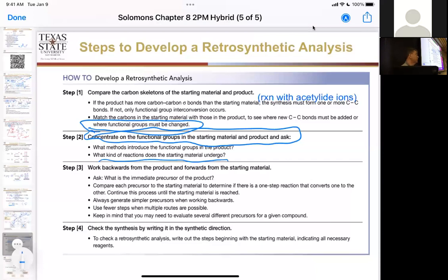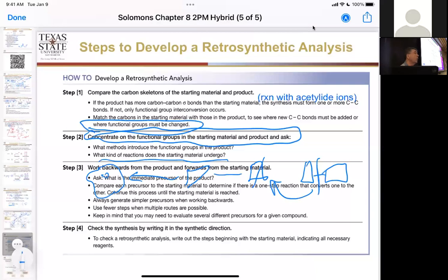Then we work backwards. Okay, we start with our product and we say, okay, if I cut one bond off, that's going to give me this next reaction. And then if I do the next thing and I cut one more bond off, that's going to give me a different thing. And if I cut one more bond off, it's going to give me the starting material I'm allowed to work with.